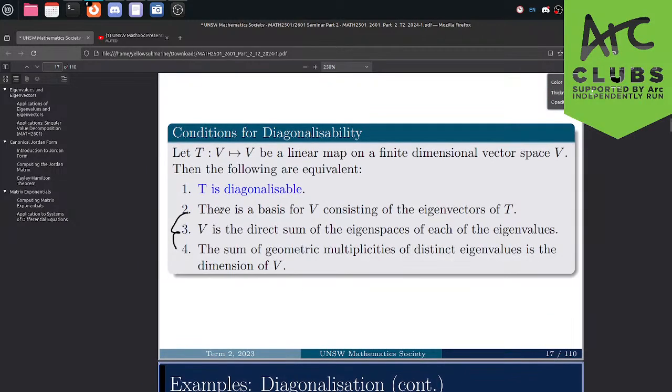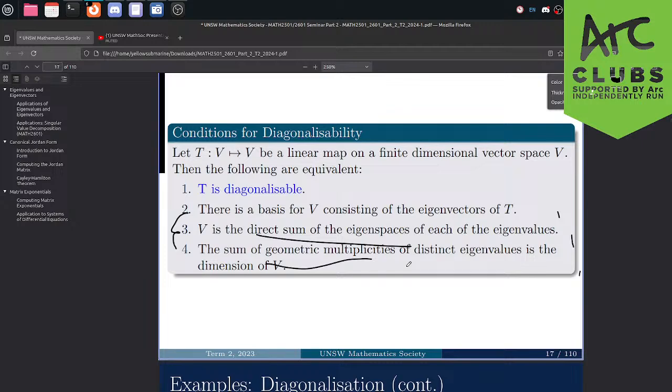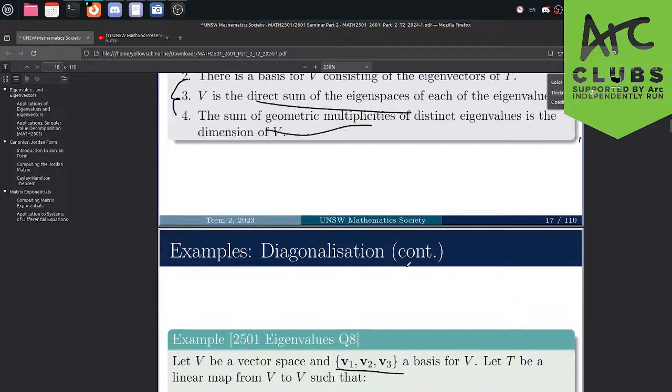Okay, so T being diagonalizable means any of these three properties. The lead up from 2 is that V is the direct sum of eigenspaces, or, analogously, the dimension is the sum of geometric multiplicities.